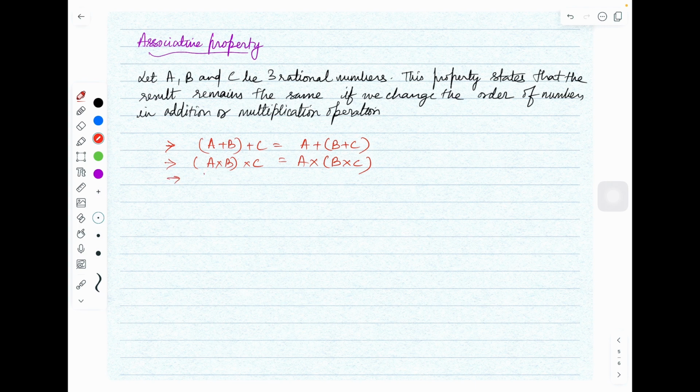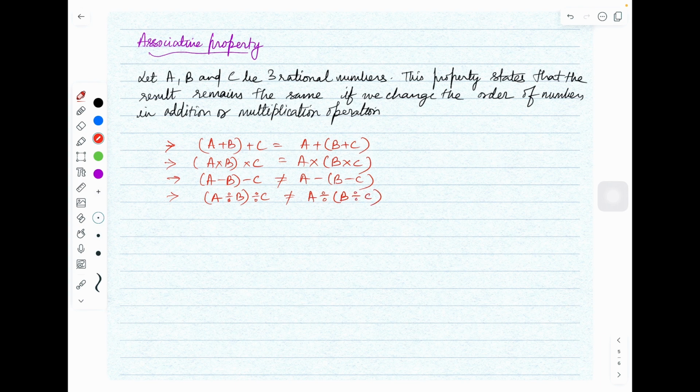Okay, but (a − b) − c is not equal to a − (b − c). Understood? Then (a ÷ b) ÷ c is not equal to a ÷ (b ÷ c).